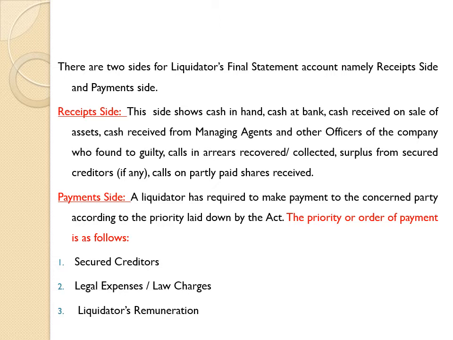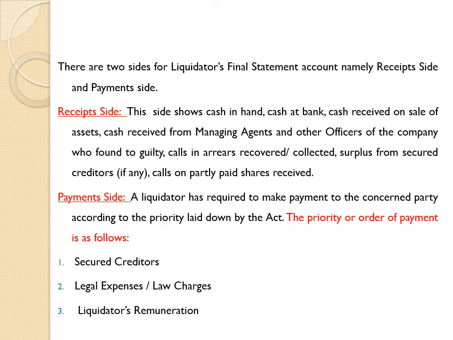Secured creditors are not directly considered under the payment side. Instead, they are recorded on the receipt side by way of deduction or surplus. Then, generally, the first item instead of secured creditors is law expenses.